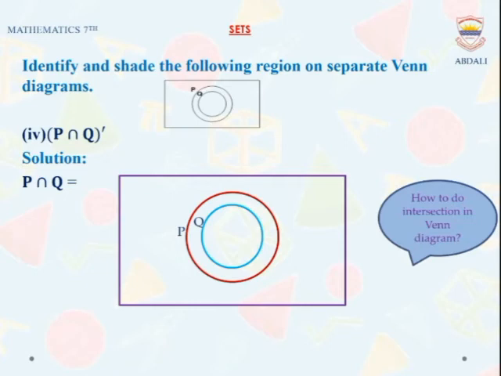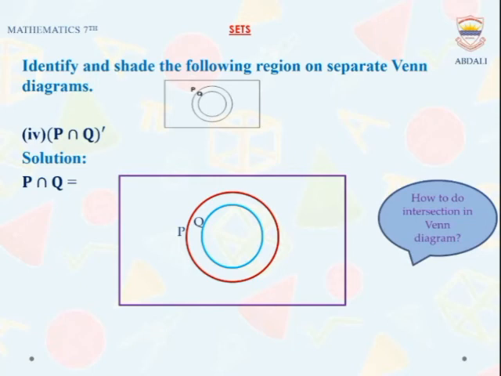So class, now we are going to show what P intersection Q is. We know that intersection is the region where both sets have common values. So where do P and Q have common values? Yes, set P is the complete big circle in red color, and set Q is a small circle inside the P circle in blue color.